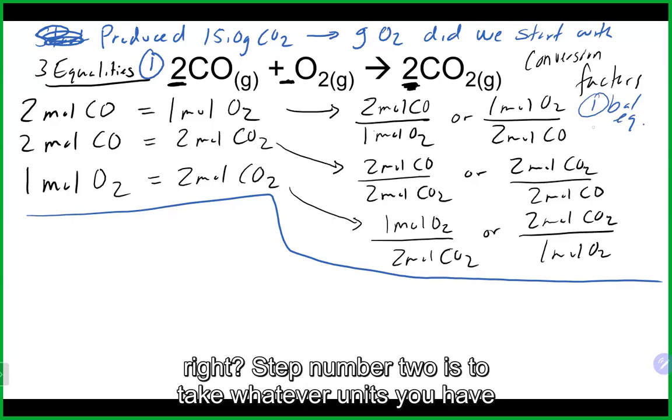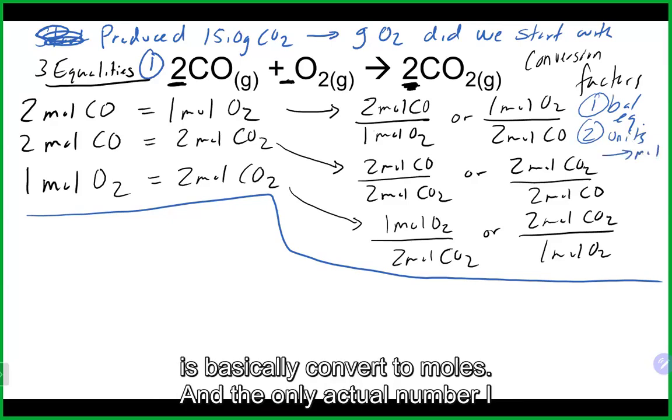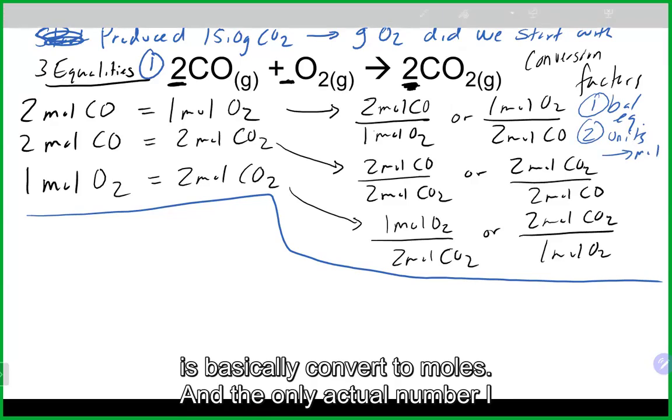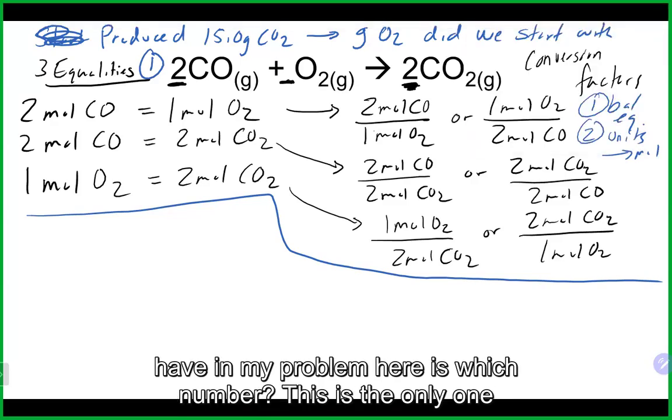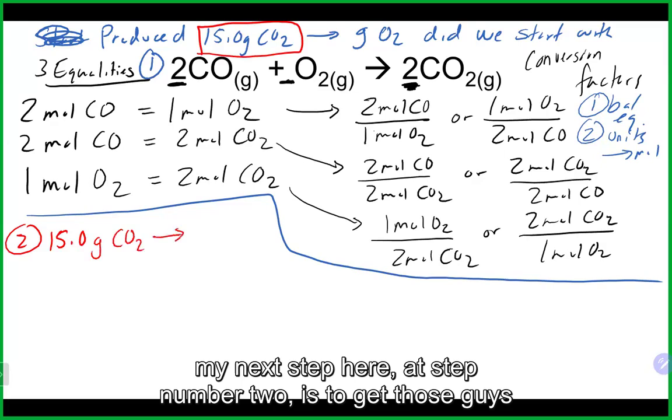Step number 2 is to take whatever units you have and get them into moles, so convert to moles. The only actual number I have in my problem here is which number? This is the only one that has a number, and that is 15 grams of CO2. And my next step at step number 2 is to get those to moles.